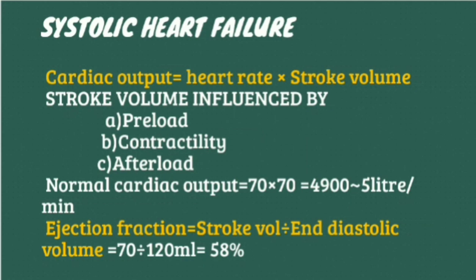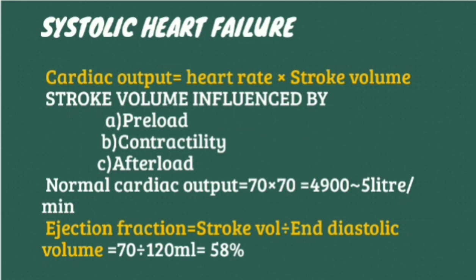And we already discussed cardiac output is equal to heart rate times stroke volume, where heart rate is the number of beats per minute, and stroke volume is the volume of blood squeezed out with each heartbeat. In normal conditions, we usually tell the values in a range of numbers, right? For example, the normal heart rate is between 60 to 100 beats per minute.